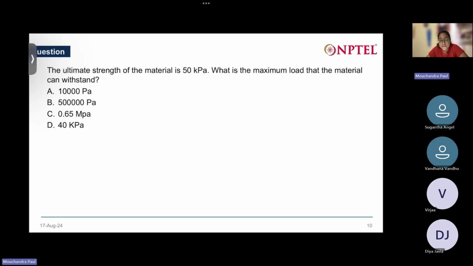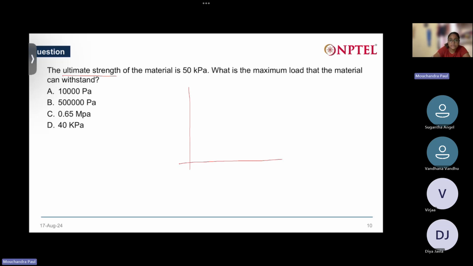Now, the ultimate strength of a material is 50 kilopascal. What is the maximum load that the material can withstand? Do you guys understand what is ultimate strength? Anyone? What is ultimate strength? I'll try to draw a diagram.